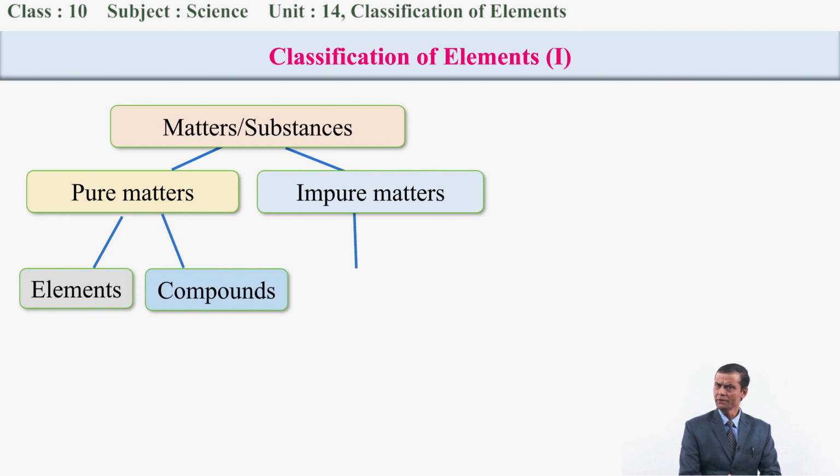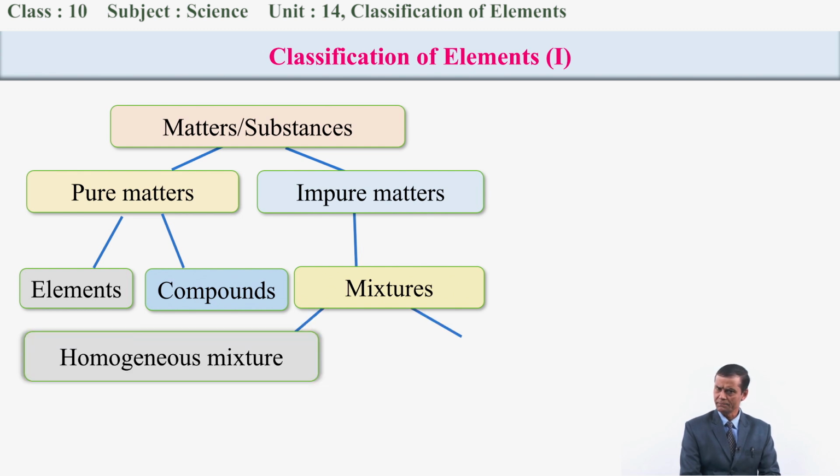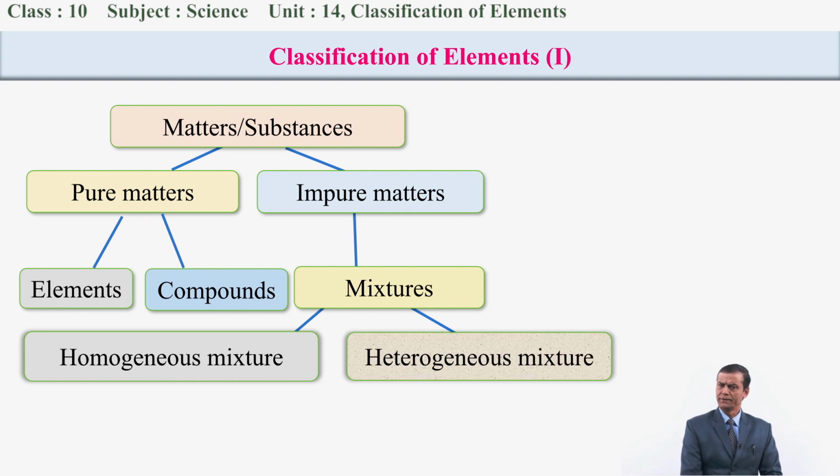Similarly, impure matter is the mixture. Do you know what the types of mixture are? Yes, mixtures can be classified into homogeneous mixtures and heterogeneous mixtures, which you have already learned in the previous classes. Now, let's discuss the elements.